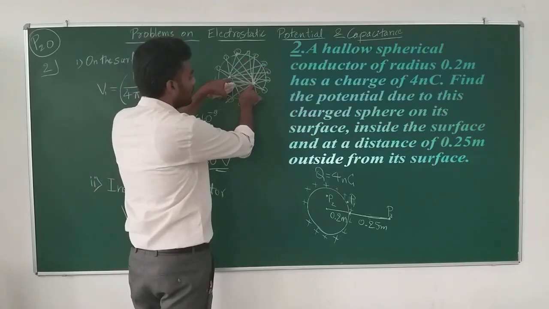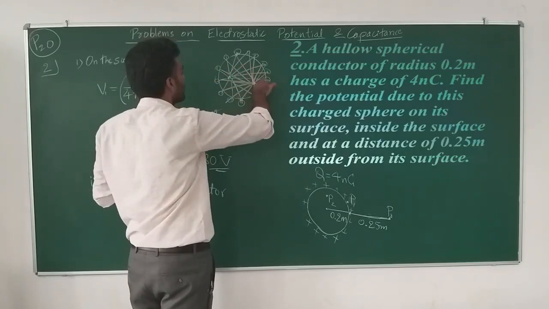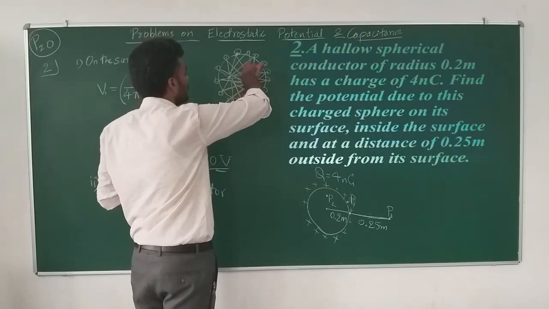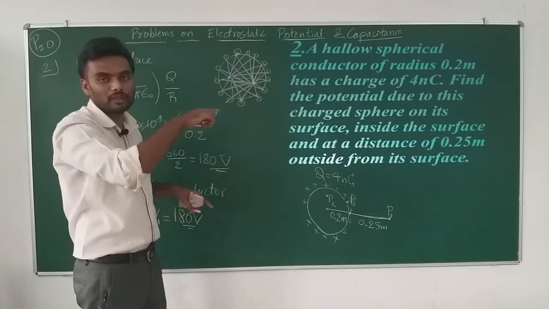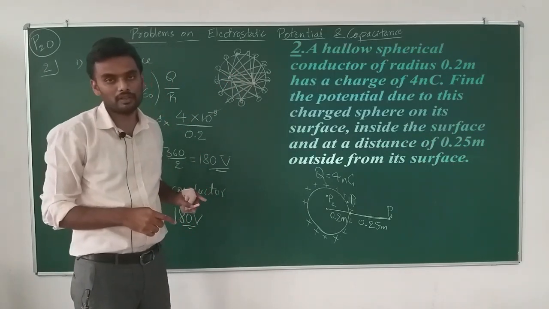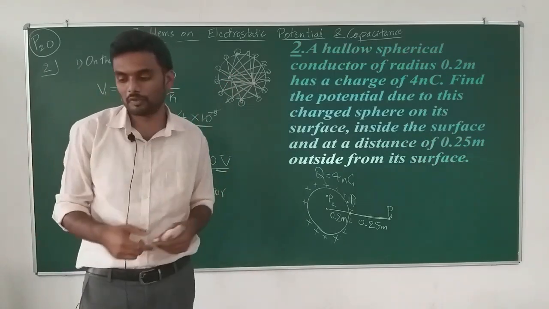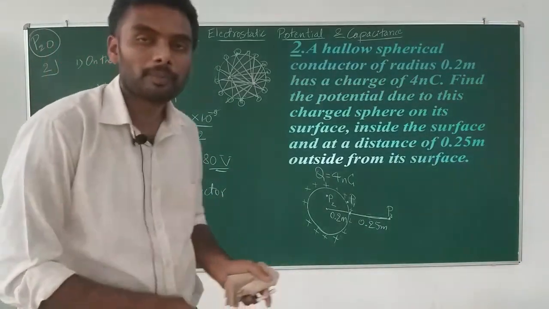So these 2 points will have the same potentials. The same way you can move the point anywhere inside the spherical body. So at any point inside the hollow spherical body, you will have the same potential. Okay, this I can explain to you in a more mathematical way.